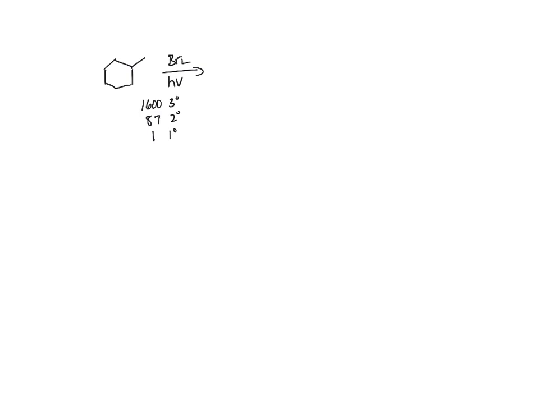So if we did Br2 and light, I've got a tertiary position right here. I know that tertiary is wildly favored, so I'm going to get bromine right there, plus minor, and we're talking minor, bromination at other positions. Not really enough to worry about, right?